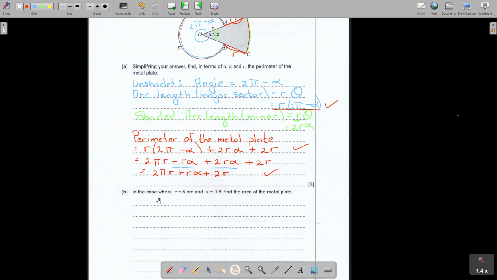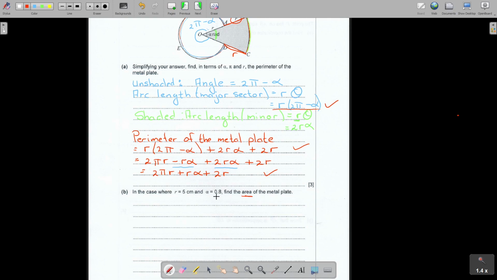Now they say, in the case where r is 5 and they say alpha is 0.8, find the area. Now it's area. So take note, it's now area, not perimeter. Now you know the formula for the area, but let's just say the angle.